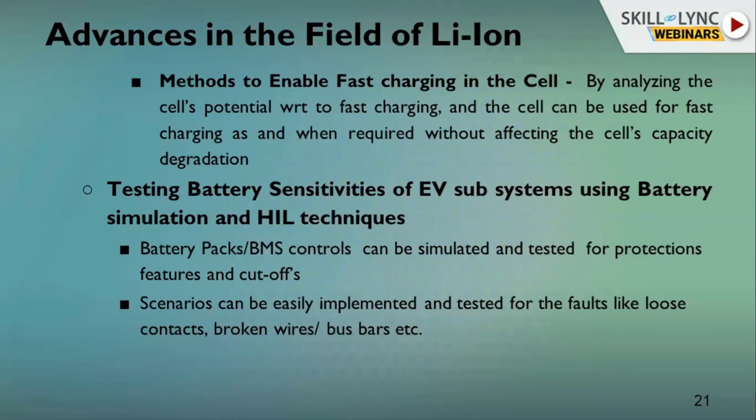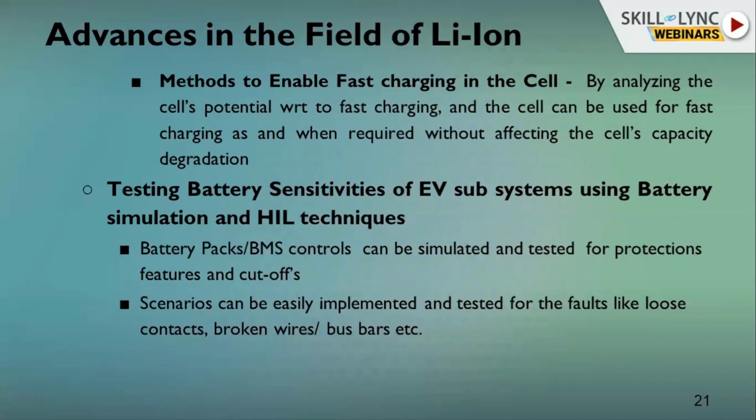There are a lot of techniques being used, where you can put all the live real-time scenarios into the simulation software, and it will show where the loopholes are. For example, faults like loose contacts, a broken wire, a BMS malfunctioning, a fuse that has blown, or a contactor that is welded.